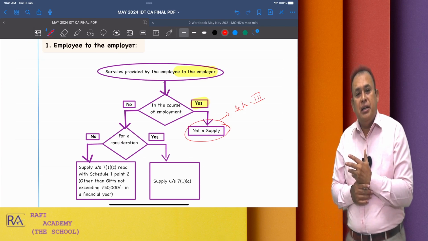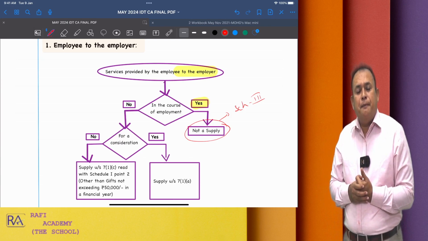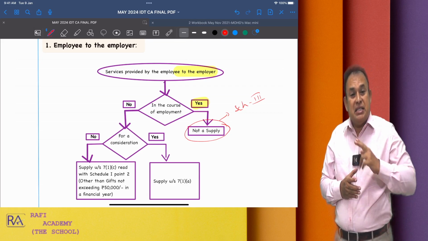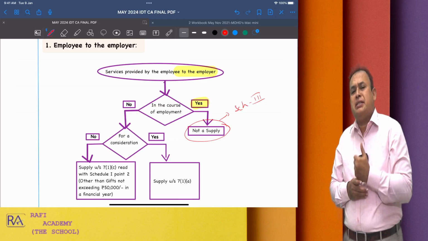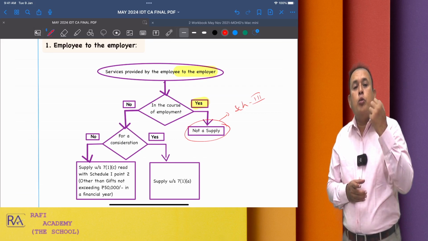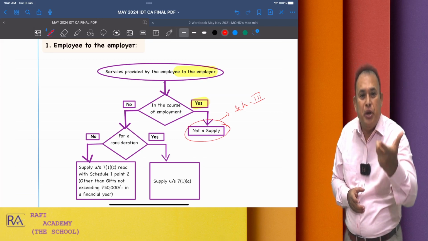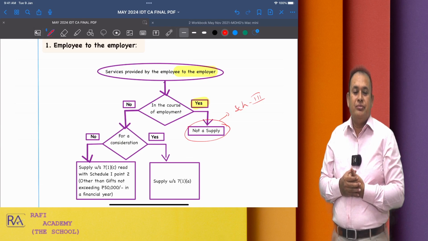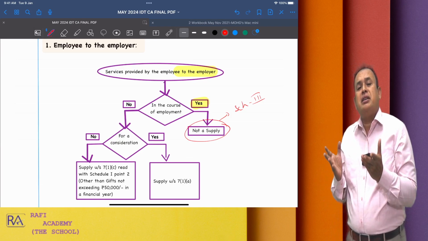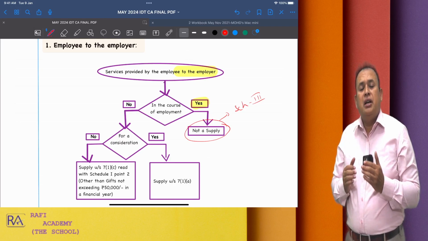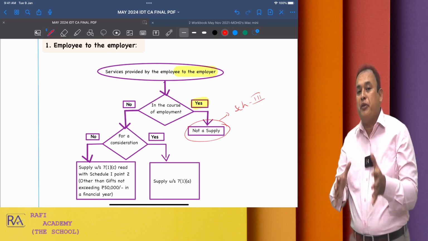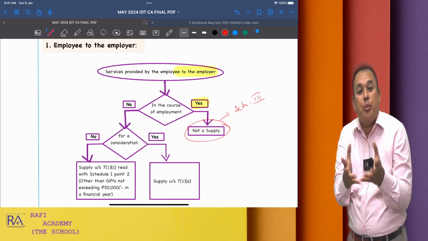Here, this finance manager of MRF Limited supplied, let us say, certain room perfumes worth, let us say, 45 lakhs rupees. Who supplied here?